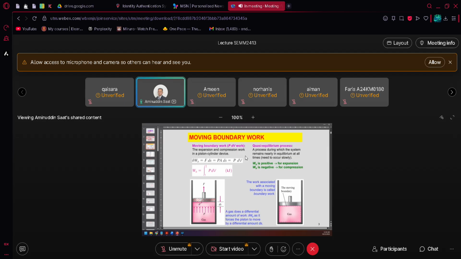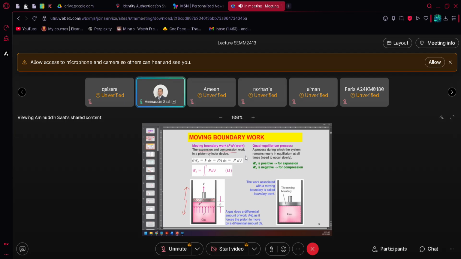So the piston cylinder, normally we can relate to a process of moving upward or moving downward. And this moving upward and downward is related to the process of expansion and compression.